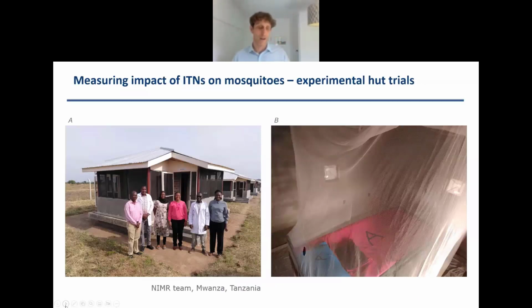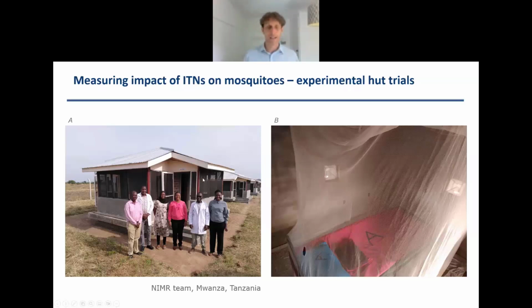So this is the other nimri I was talking about earlier. This is an example, this is Basiliana and Manju from Mwanza in Tanzania. And they're standing outside an experimental hut trial. And this is a really great real-world assay that we use to parameterize our models. So what we have here is these fake houses built in the local style.